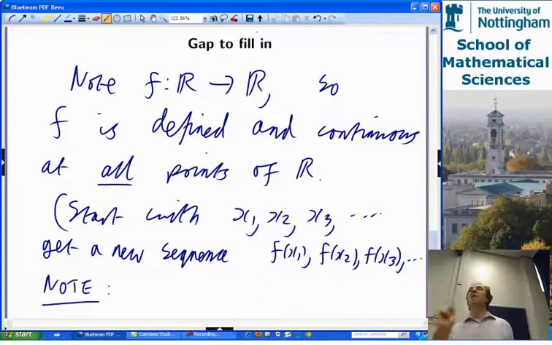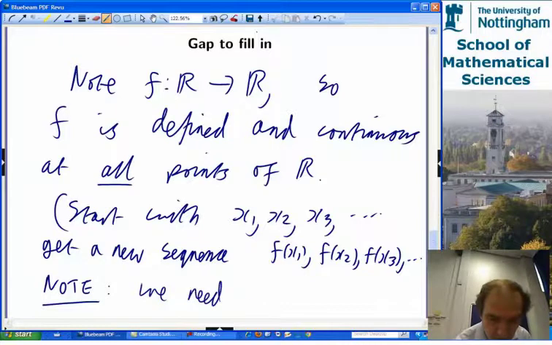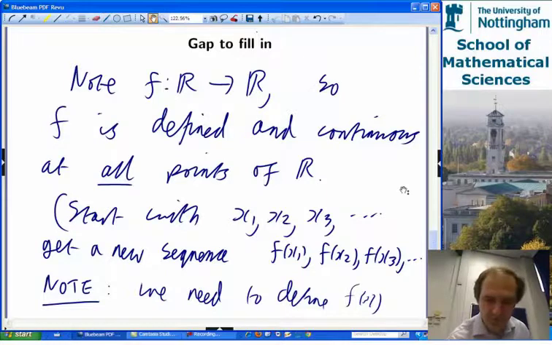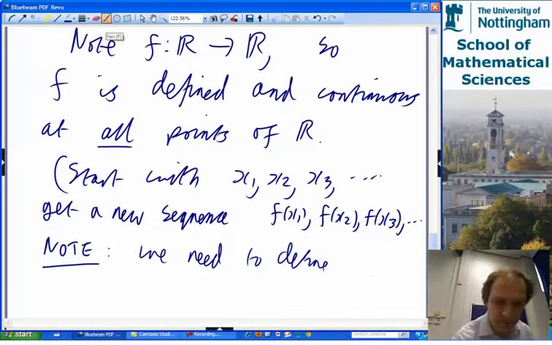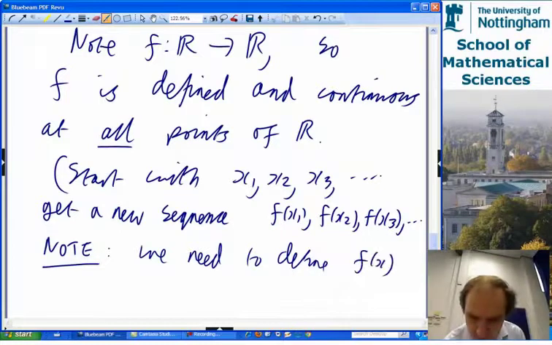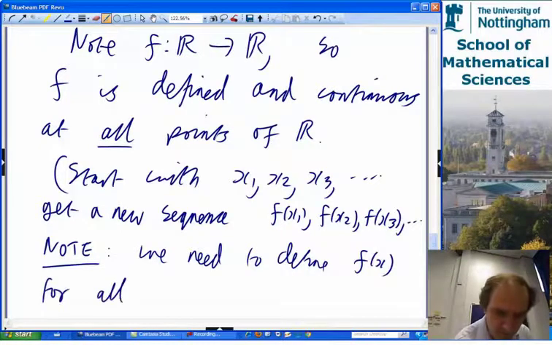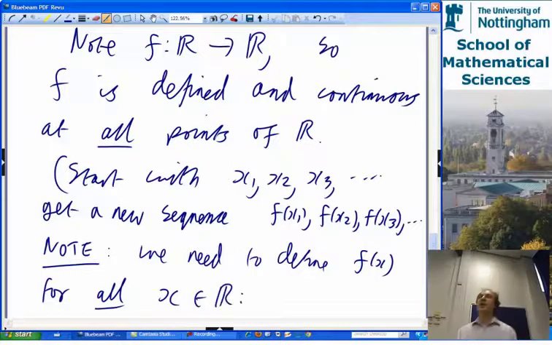Note, we're going to have to define f of x for all the numbers x, not just what f of xn is. It's not enough to define f of xn.